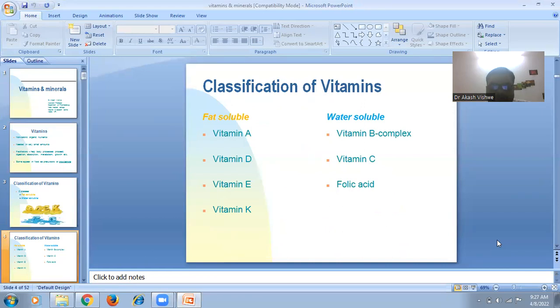The fat soluble vitamins include vitamin A, D, E, and K. When we talk about the water soluble vitamins, these include vitamin B complex, vitamin C, and folic acid.